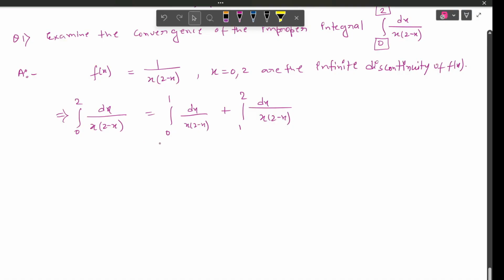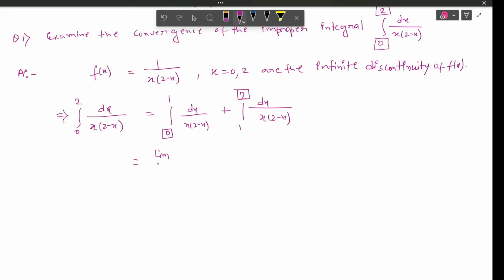Okay. Now apply our type 1 and type 2. Here in the lower limit we have a point of discontinuity, and here in the upper limit we have a point of discontinuity, so we have broken it down at an interval point where it is continuous. So limit epsilon 1 tends to 0 plus, integration 0 plus epsilon 1. We have seen all this type, right?